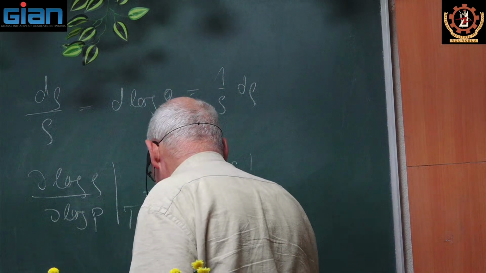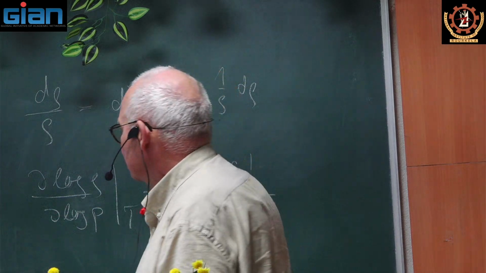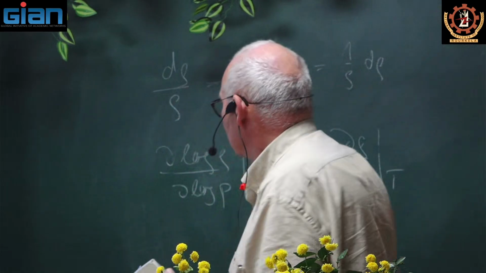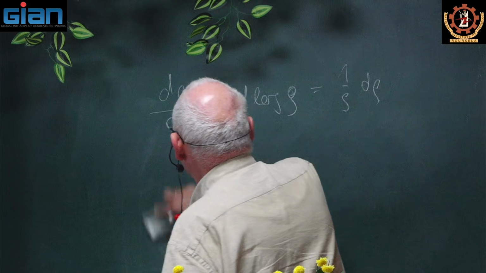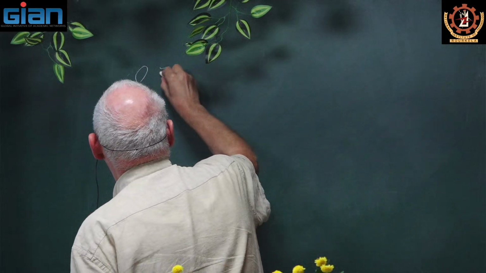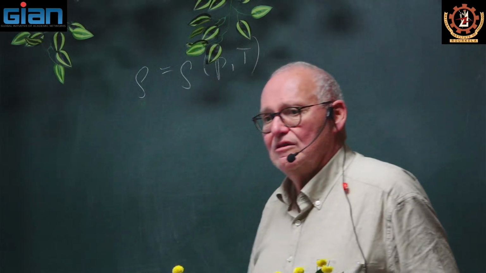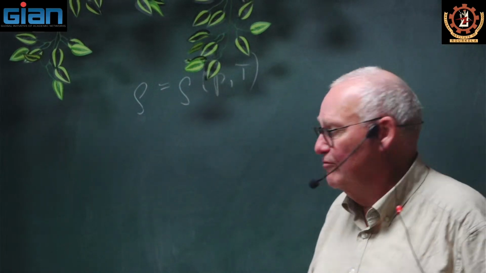Okay, how do these quantities come? Where do they enter? They do enter if we write, for instance, rho as a function of pressure and temperature. So we write rho is a function of pressure and temperature, and we take the differential of it. Usually in thermodynamics you always work with differentials.